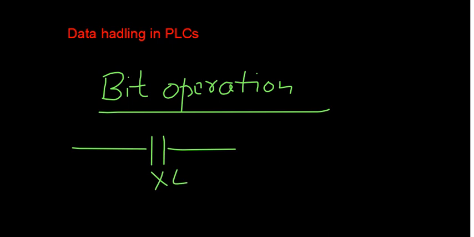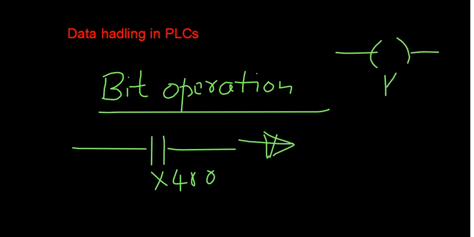But when I speak of a byte, so you load some preset value, for example, in my counter or something like that. That may be 8-bit data, that may be 16-bit data, that may be 32-bit data, depending upon what exactly is required, right?